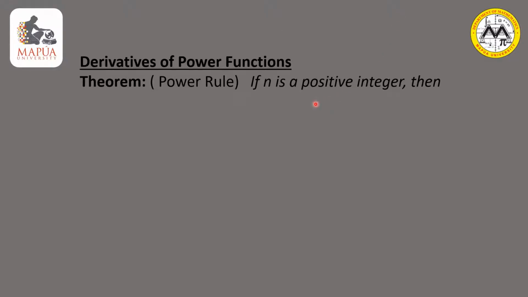Another commonly encountered function is the power function, where y is defined equal to x to the n. The theorem to differentiate a power is stated this way. If n is a positive integer, then the derivative of x to the n with respect to x is given by n times x to the n minus 1.